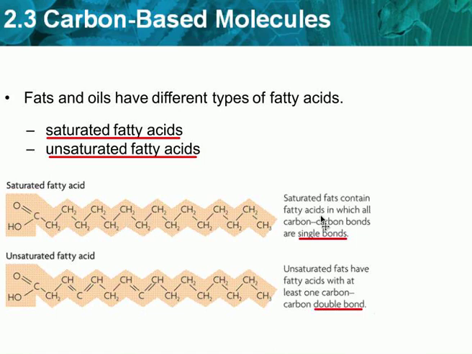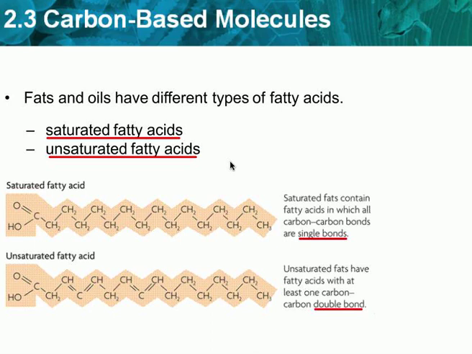Saturated fats have a single bond between the carbon and carbon. Unsaturated fats have a double bond that appears between some of the carbons. And then polyunsaturated would be triple bonds, and trans fats are man-made fats that are really not good for you at all, health and nutrition wise.